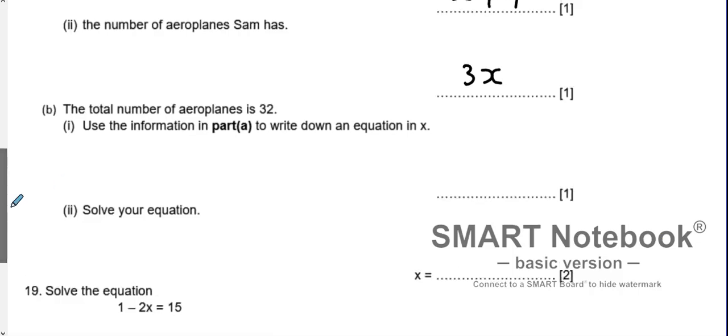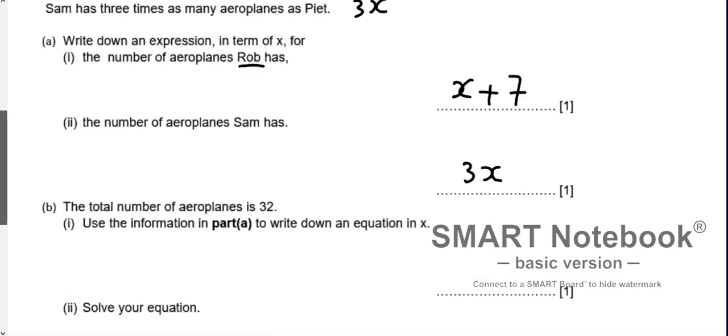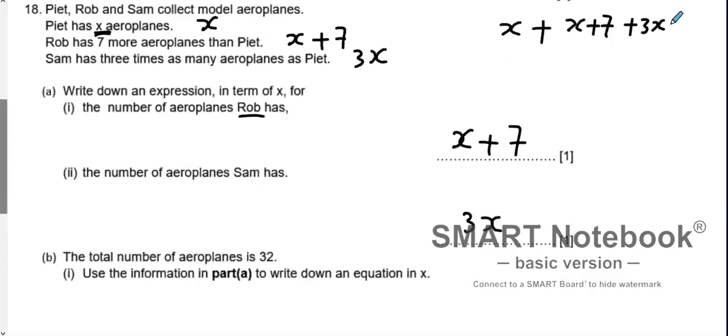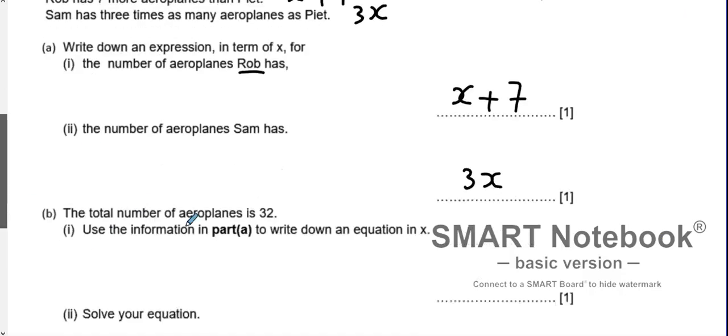So take X plus Rob, which is X plus 7, then plus 3X. This total should be equal to 32.